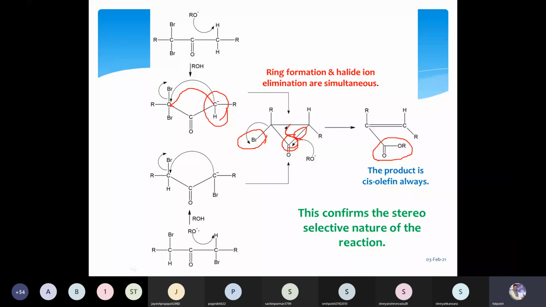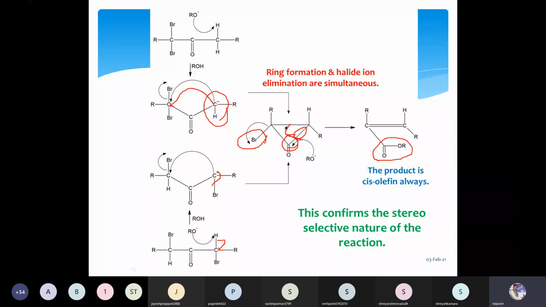When it attacks hydrogen, hydrogen will be eliminated as a proton, and that's why this electron will migrate onto the carbon. When it migrates or shifts onto carbon, here you can see the carbon having which charge?